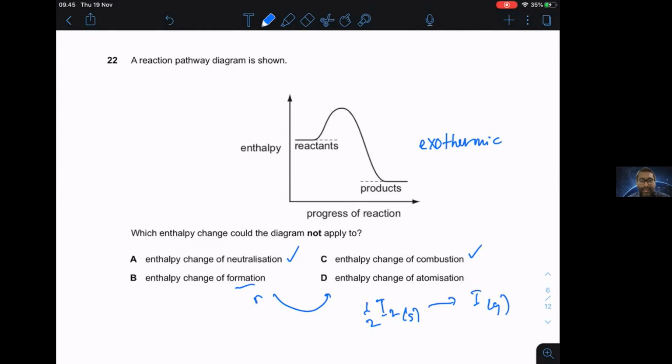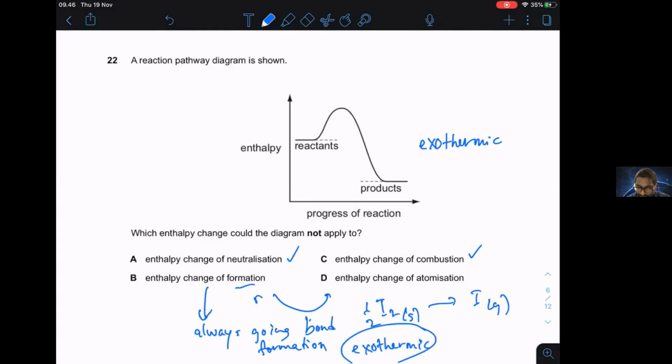So here, okay, hold on. The enthalpy change of formation is always going to be forming bonds, bond formation. So you are going to form something, so it's always going to be exothermic.